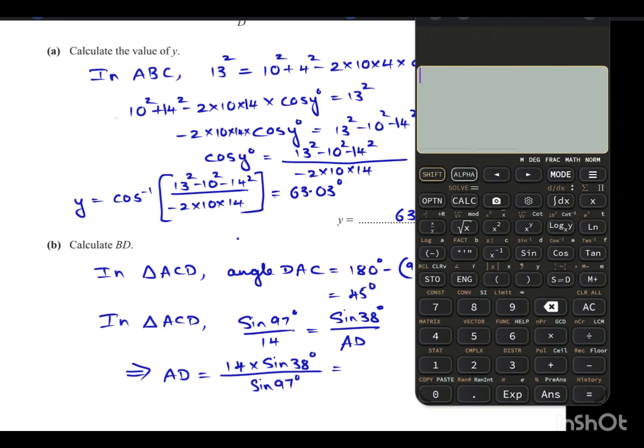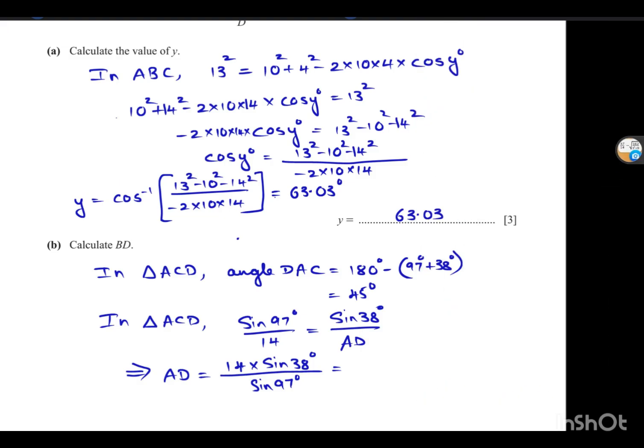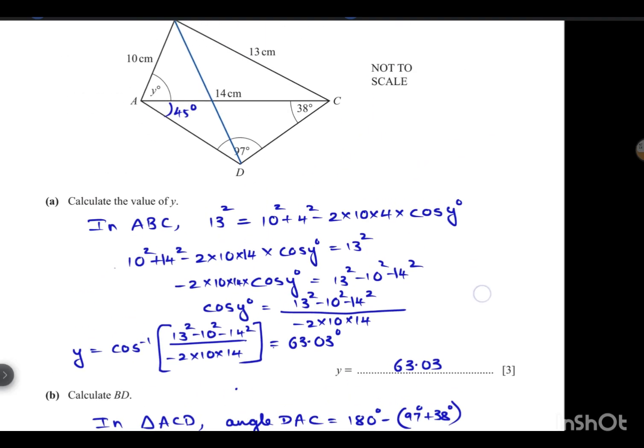Find out 14 into sine 38 by sine 97, which is equal to 8.683. 8.683 can be written as 8.7 centimeters. Now, using AD, we will find the line which is asked, calculate BD. So let us write down this 8.7 centimeters.